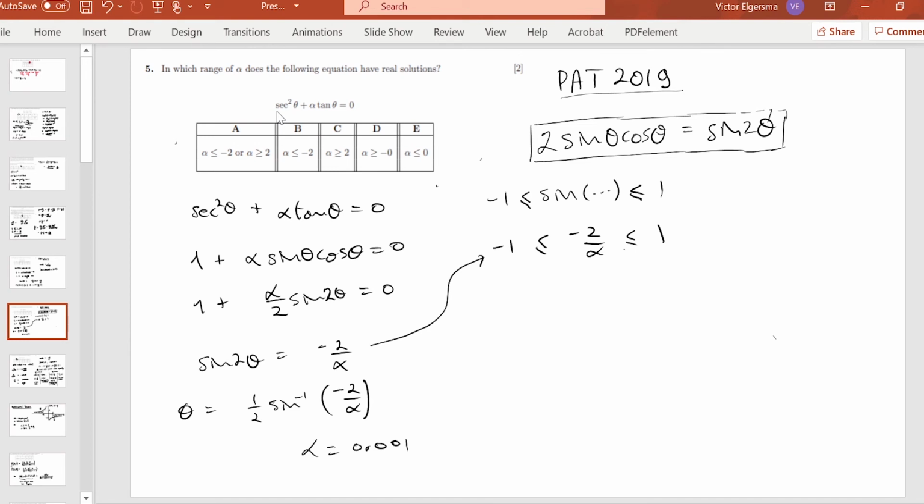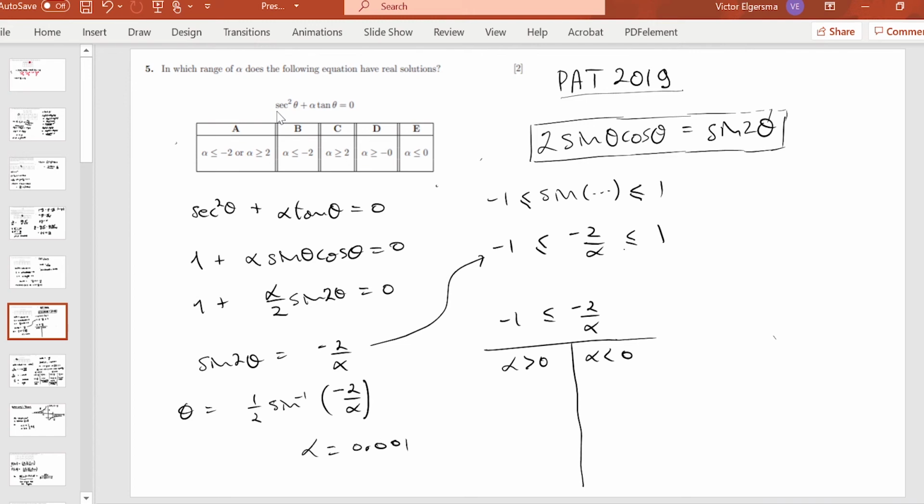So first we have this one. And here's where a common pitfall occurs. People just want to solve this for alpha, but what you end up doing depends very much on whether alpha is positive or negative. So we actually have to treat the two cases separately. If alpha is positive, then we have a negative on the left hand side and the right hand side.